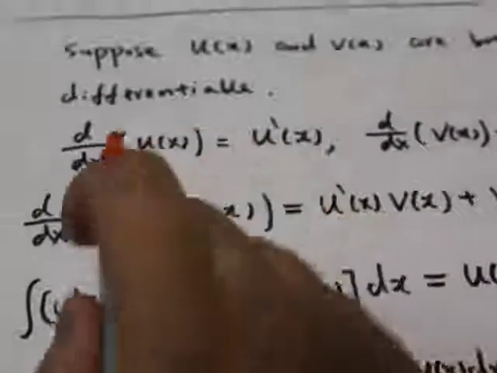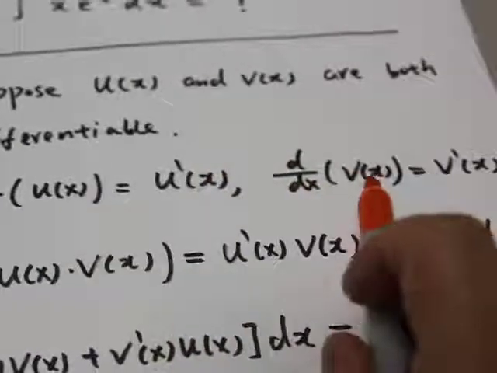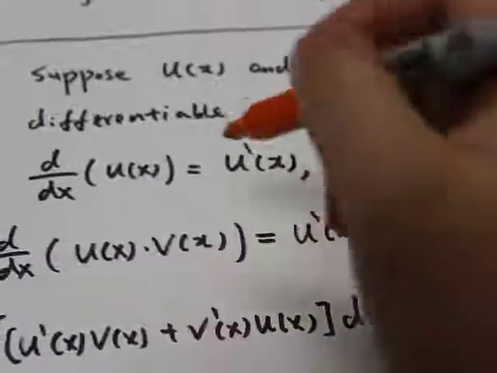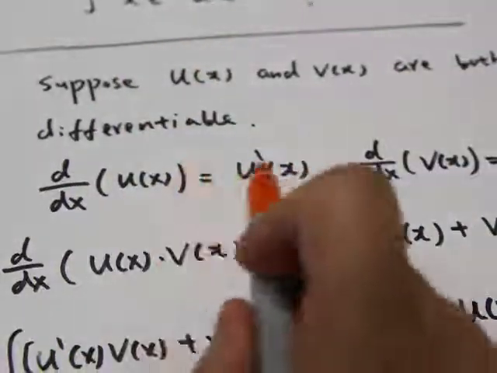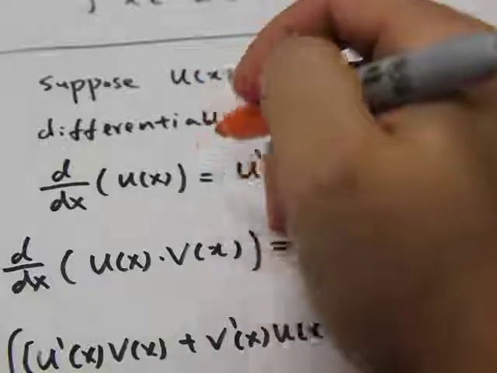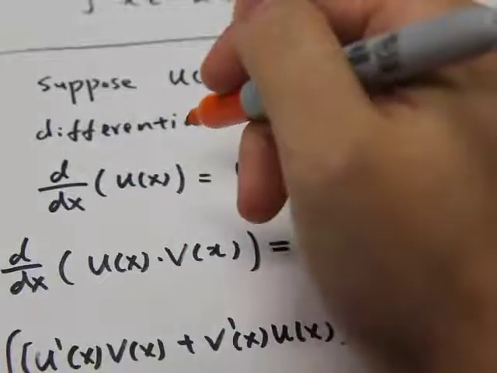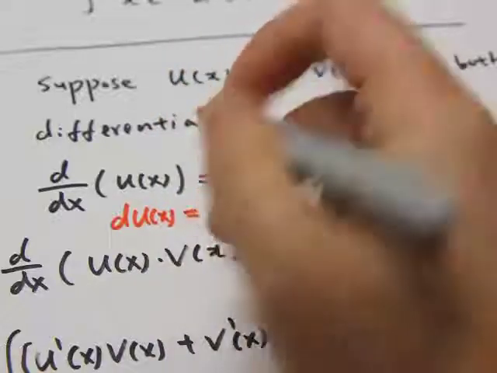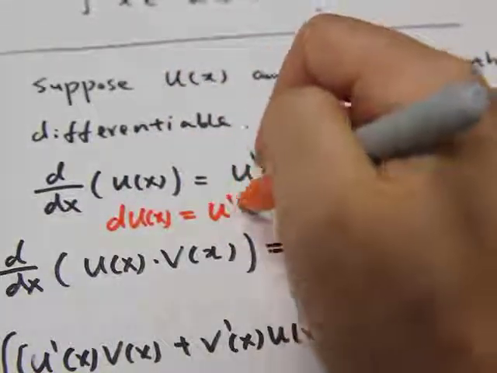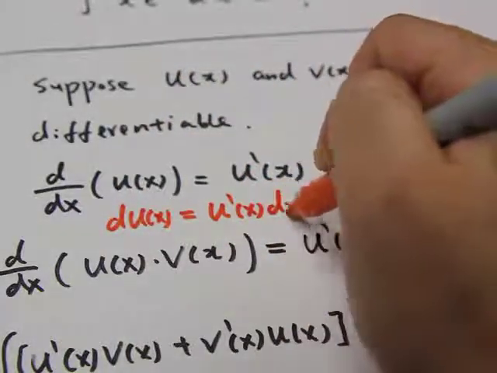Because u(x) and v(x) are both differentiable, from this equation we can rewrite that du equals u'(x) times dx, right?